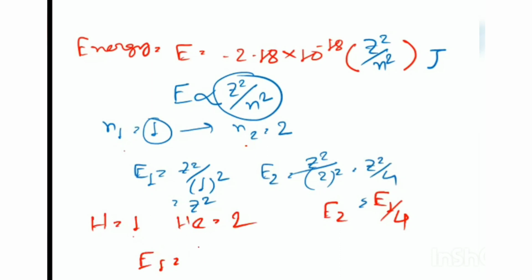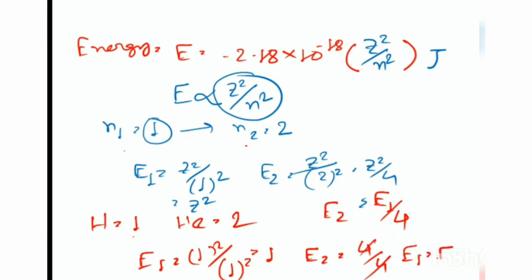So what will be E1? Because hydrogen's atomic number is 1, E1 equals 1. What will E2 be? If Z2 is 2, it will be 4 by 4, so it will also be 1. So here E1 comes equal to E2. That means from hydrogen to helium, if it goes from n1 to n2, the energy will be the same. So it often comes.